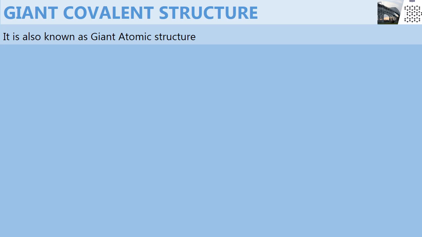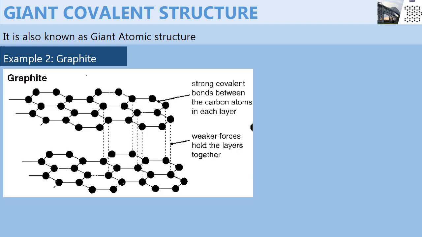The next example of a giant covalent structure is graphite. As for graphite, we have carbon atoms again, but this time they are arranged in hexagonal layers. Can you see this as 1, 2, 3, 4, 5, 6?